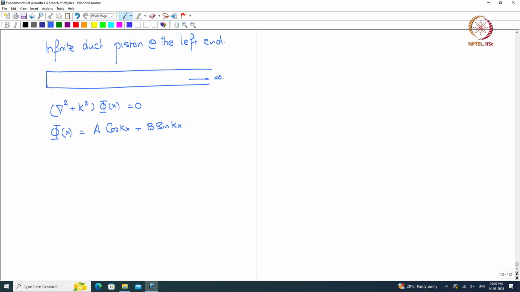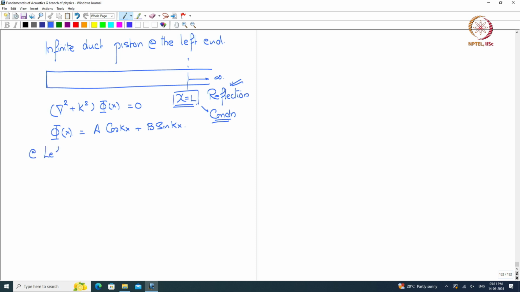Now suppose we are doing an FEM problem, we cannot go to infinity, we have to truncate the domain at some point. And if you truncate the domain, you will get a reflection. So how to truncate and put a condition so that I don't get a reflection? Now at the left end, of course, I will put a source condition.